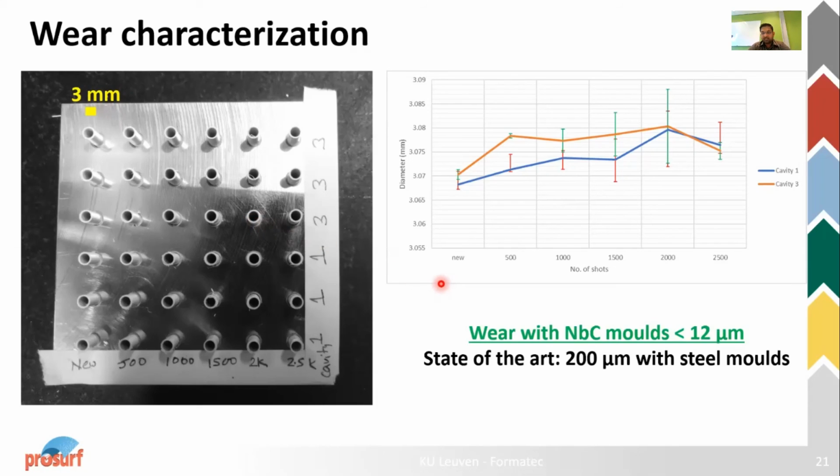So we can see here that from new to 2000 shots, we had less than 12 micrometer wear. We assumed that the shrinkage was proportional across all shots. So the difference in diameter will give us the wear of the mold surface. So it was less than 12 micrometer, which is a very impressive figure as compared to the 200 micrometer which we have seen on the steel molds, which were traditionally used at Formatec.